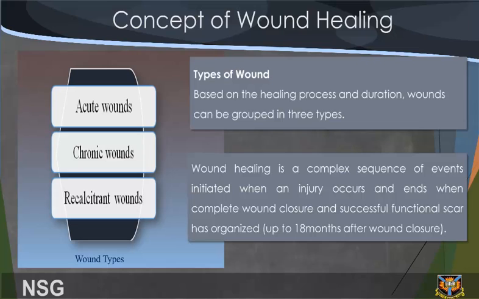Wound healing is a complex sequence of events initiated when an injury occurs and ends when complete wound closure and a successful functional scar has organized, up to 18 months after wound closure.